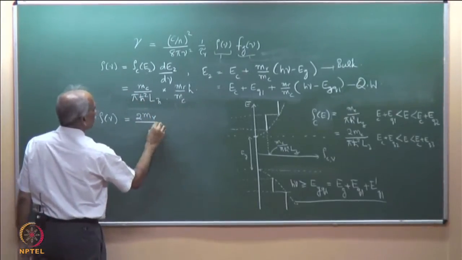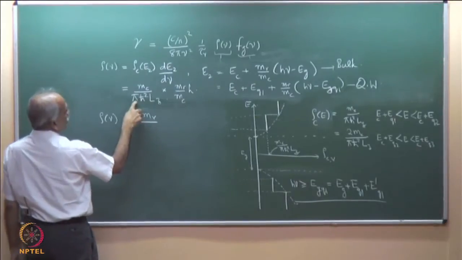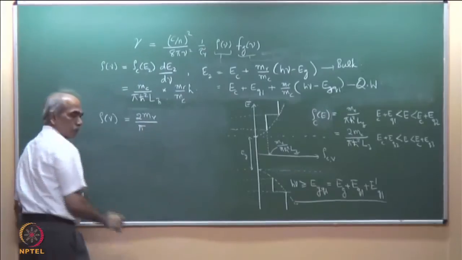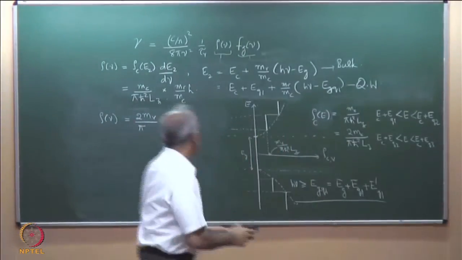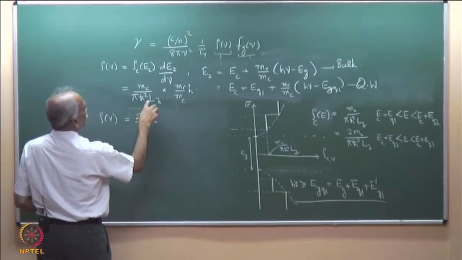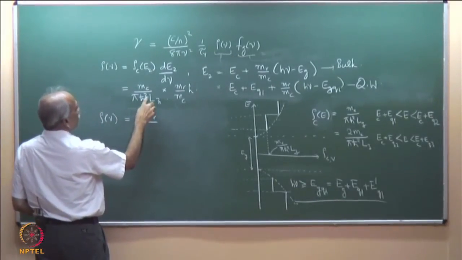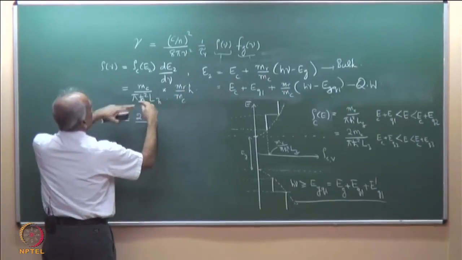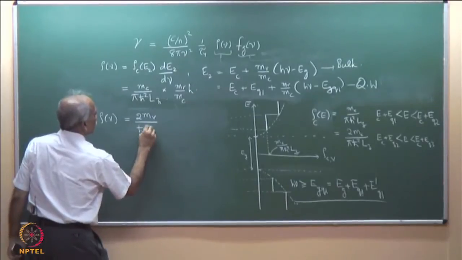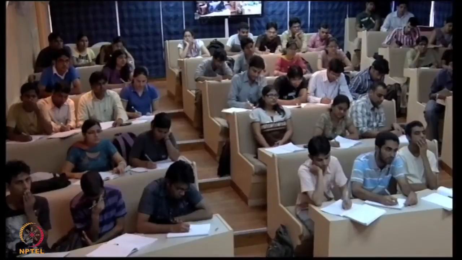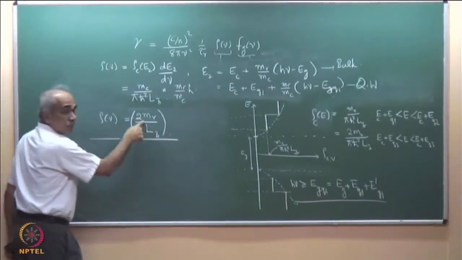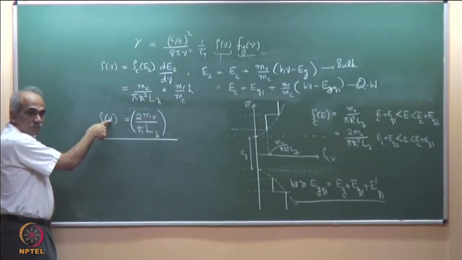So, 2 divided by pi h cross into Lz. That is all, which is a constant, which is independent of nu.